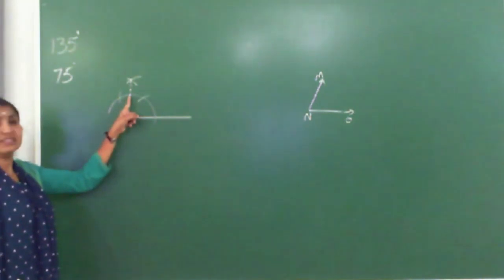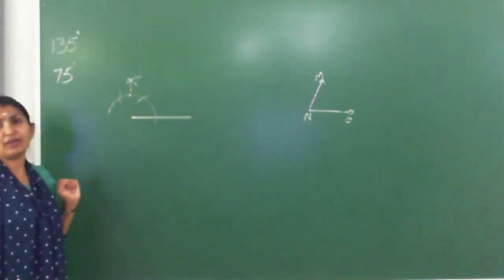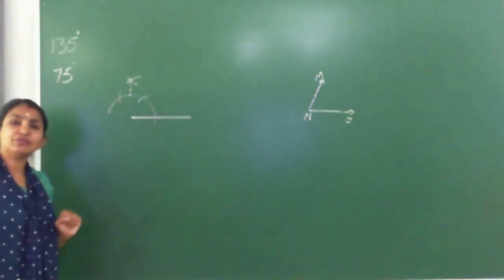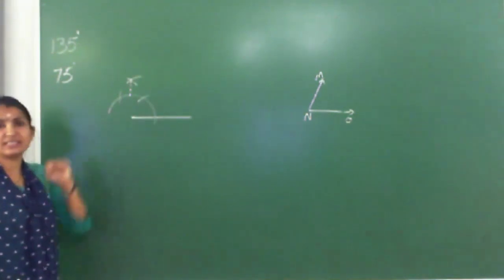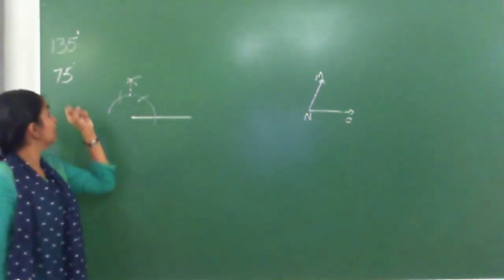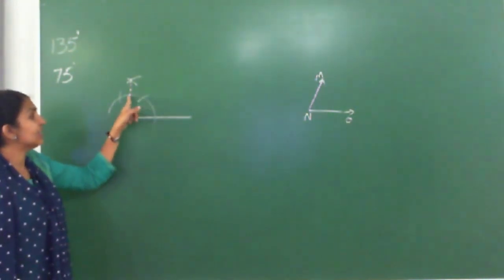Now we can bisect this 90 and 0, then we will get 45 degrees. Do we want that 45? Or we want to bisect this 90 and 60? It is 75 degrees. So we want to bisect this 90 and 60.